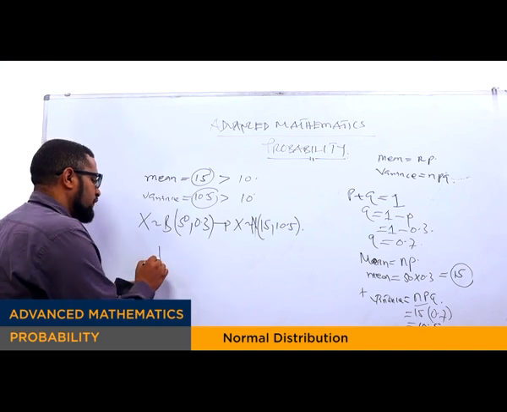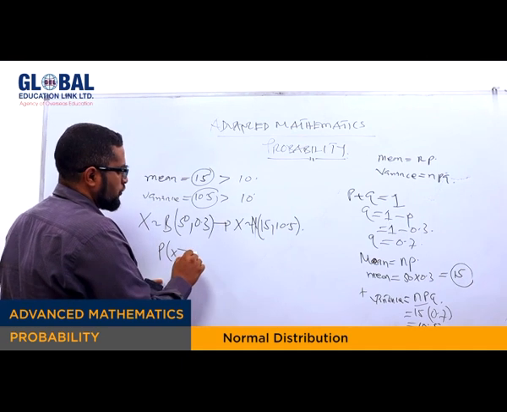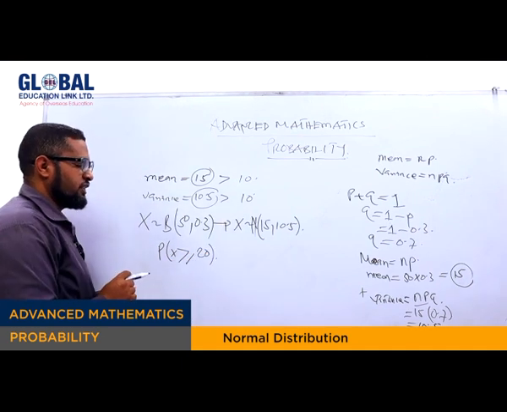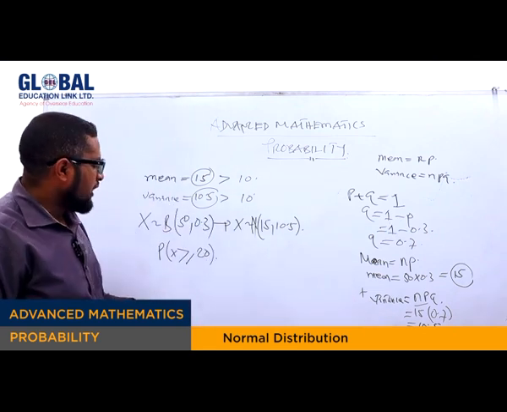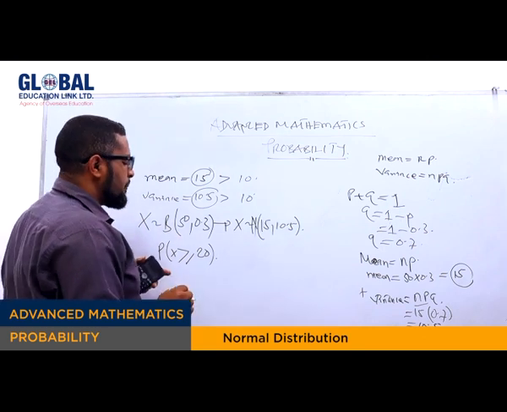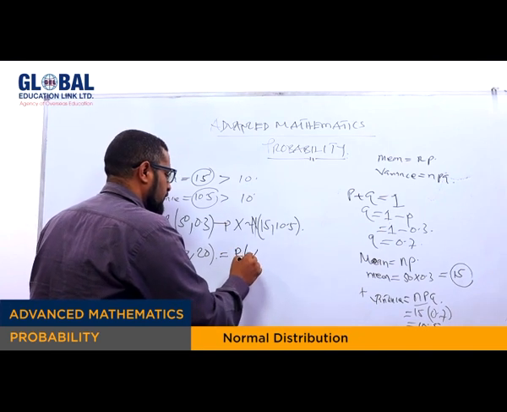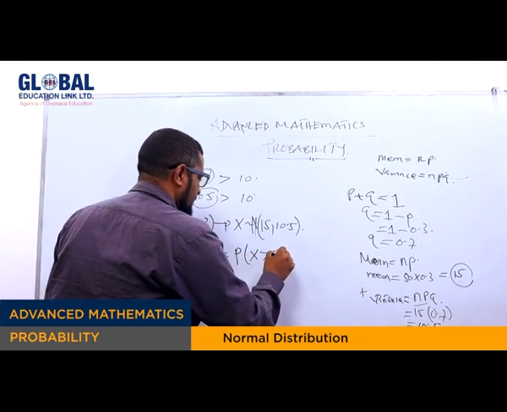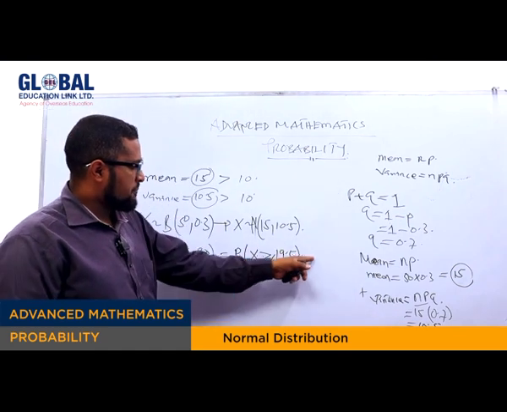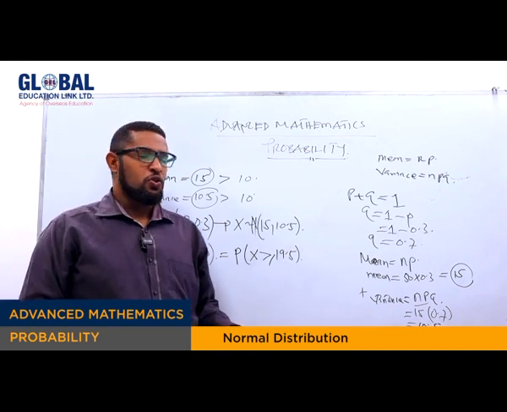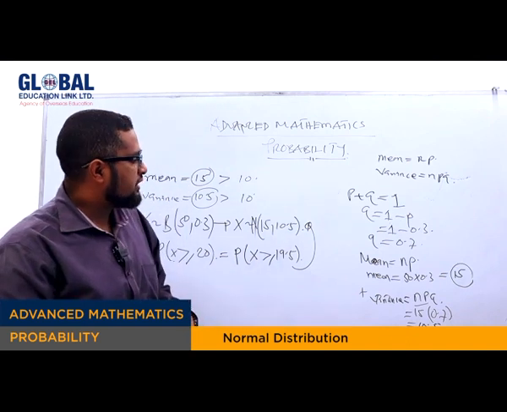But remember, we are looking for probability of X greater than or equal to 20. That is at least, greater than or equal to 20. Now, for correct approximation, this is the same as writing probability of X greater than 19.5. Now, let's use this one as our value. We are writing it into normal standard distribution.